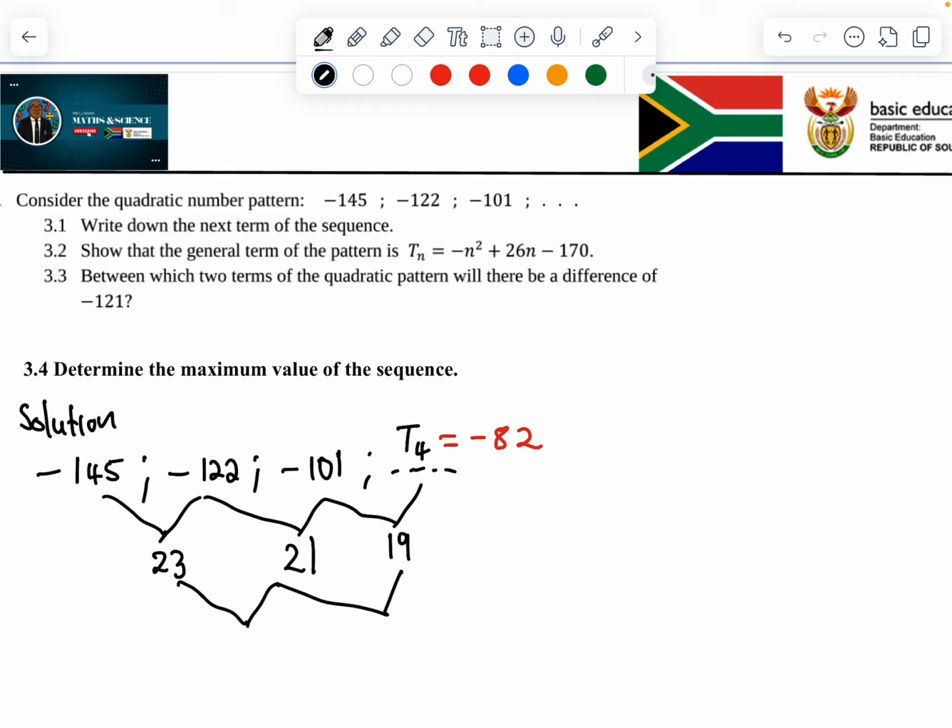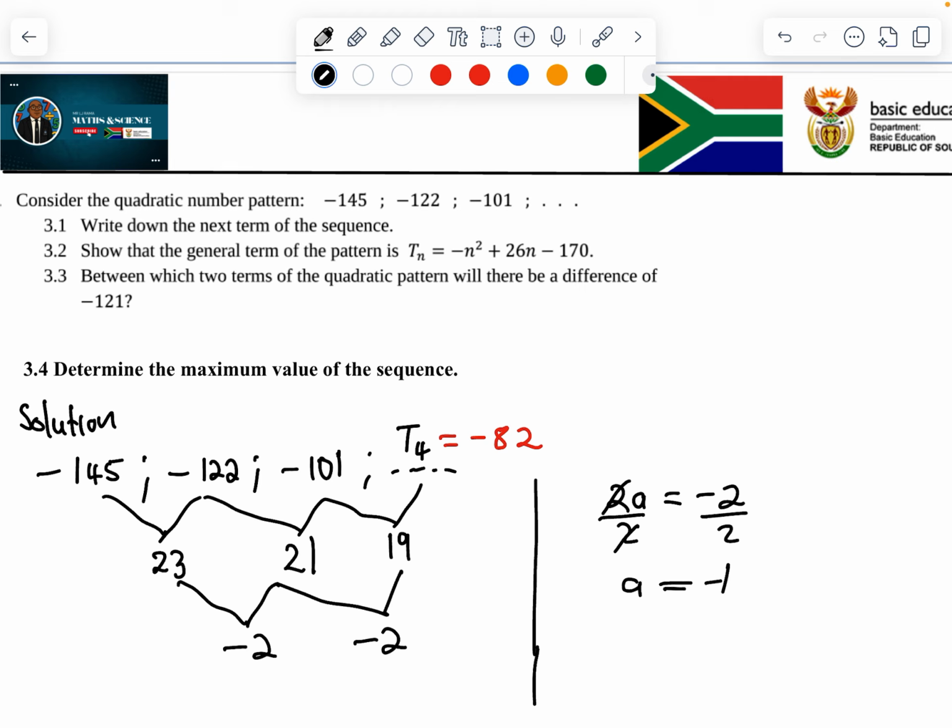So it will be 21 minus 23, which is -2, and then 19 minus 21, that's -2. Then 2a is equal to the second constant difference, -2, and dividing by 2 both sides, a is equal to -1.